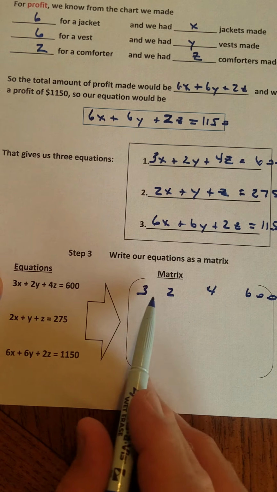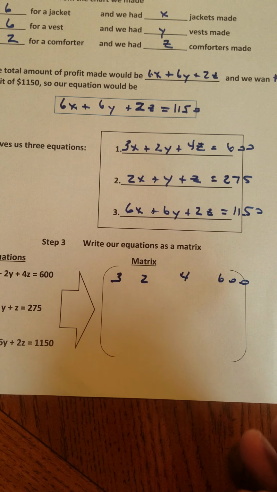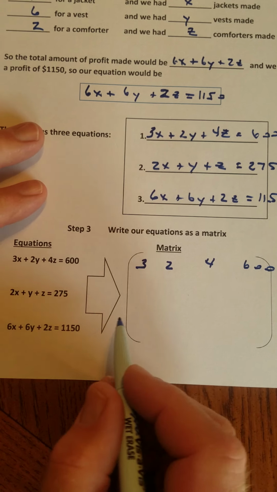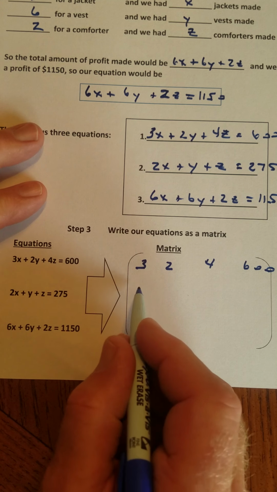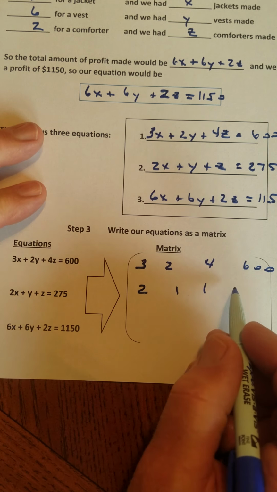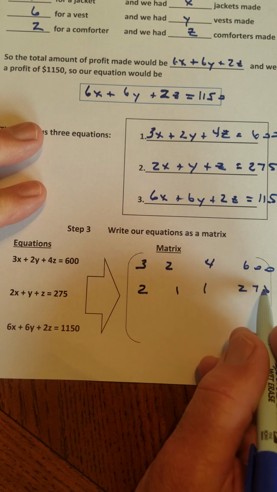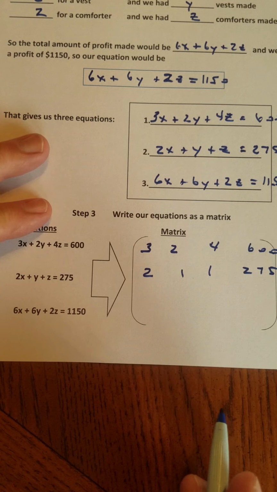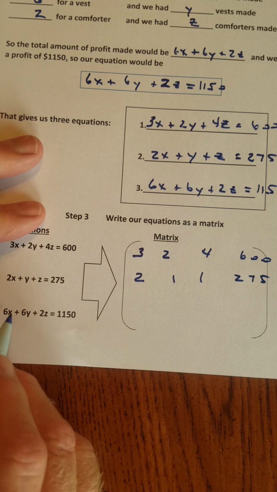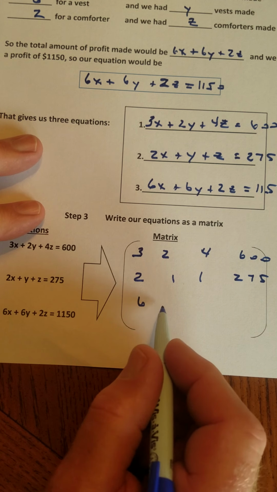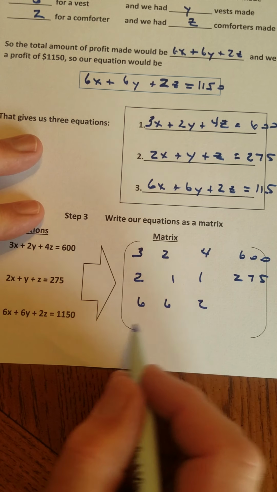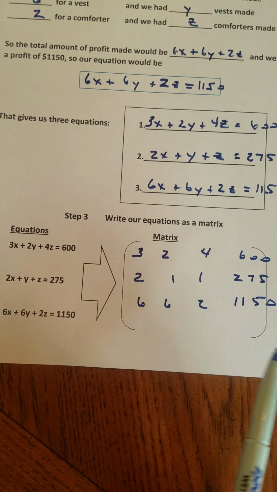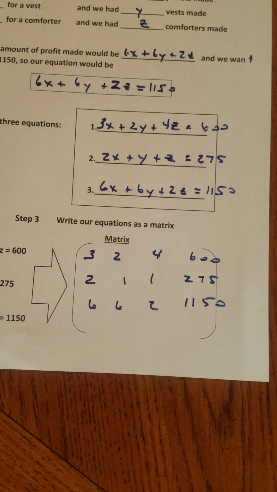The second equation, I do the same thing. So I got 2, 1, 1, 275. And then the last equation down here, I got 6, 6, 2 and 1150. Okay, so I've created a matrix.